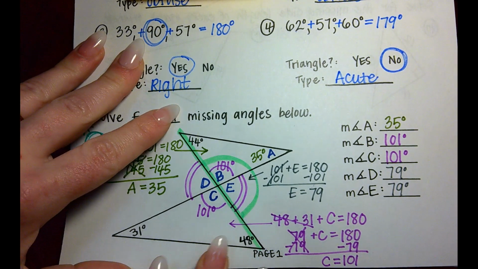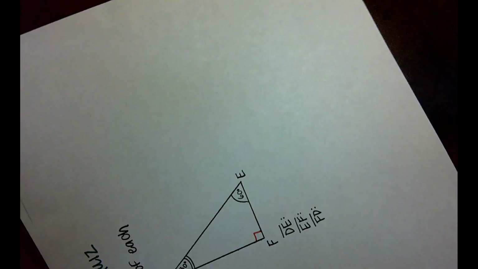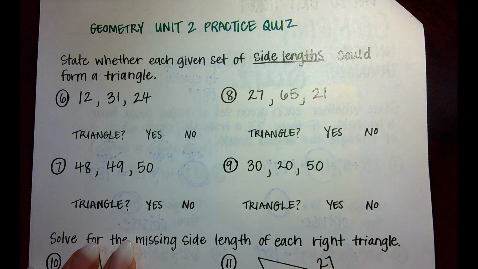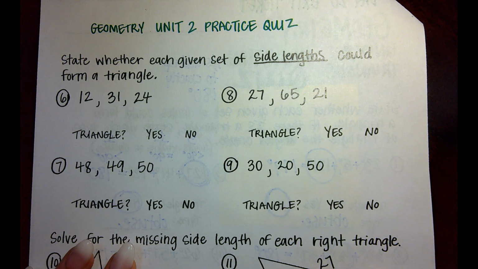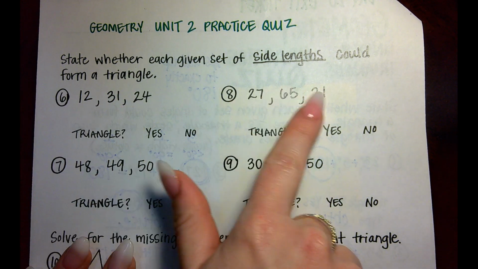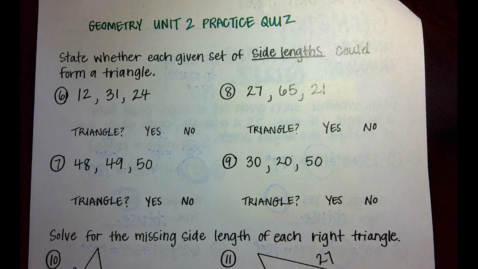Okay, can we go to the second page? So now, for the next 4 problems, we are deciding whether each set of side lengths could form a triangle.